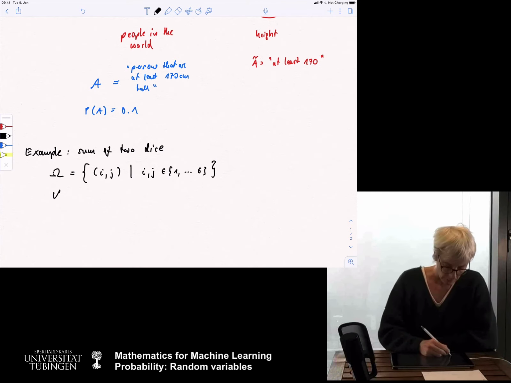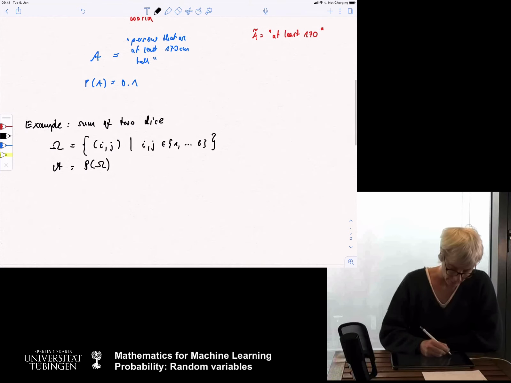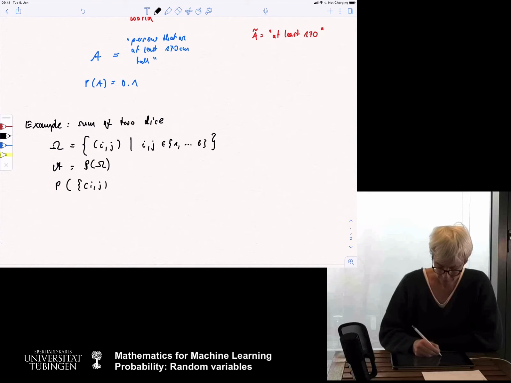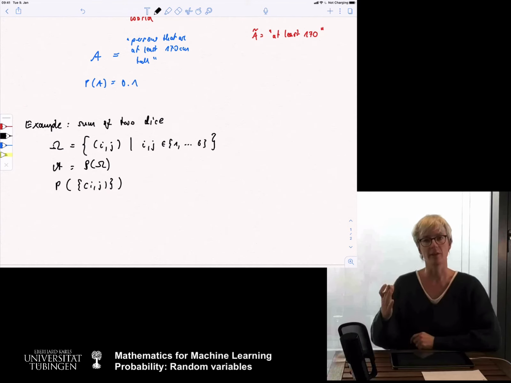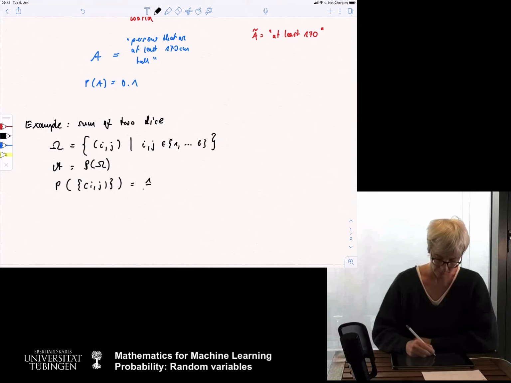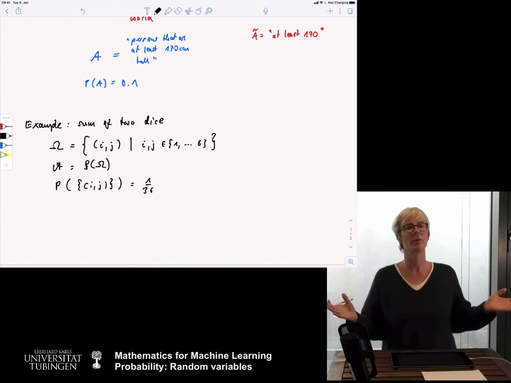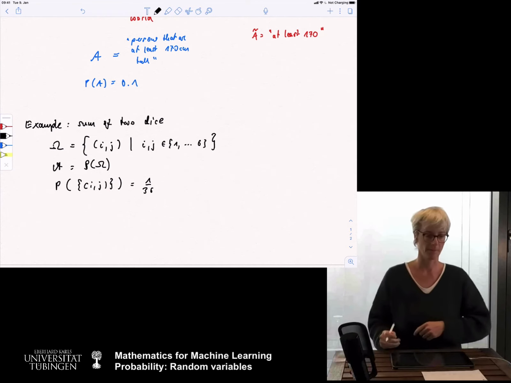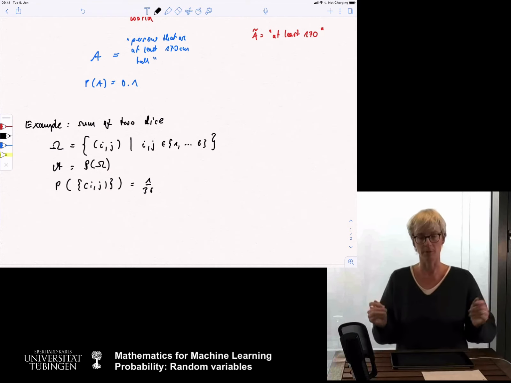Then as our sigma algebra, we use the power set again, so all possible combinations. And as the probability, we need to define the probability measure, and we do this by defining it on each of these elementary events and simply assigning the probability 1 over 36, so it's essentially the uniform probability. So all combinations have the same chance.